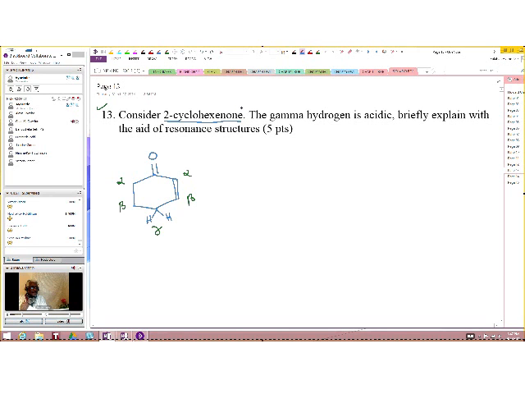You do not look at the acid itself. What you want to do is remove one of these hydrogens, in this case, since you have two hydrogens on the gamma carbon, and then you form a conjugate base.